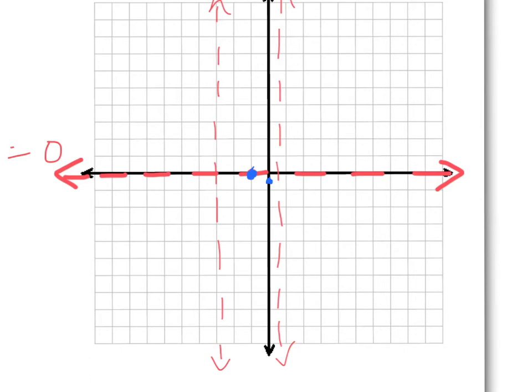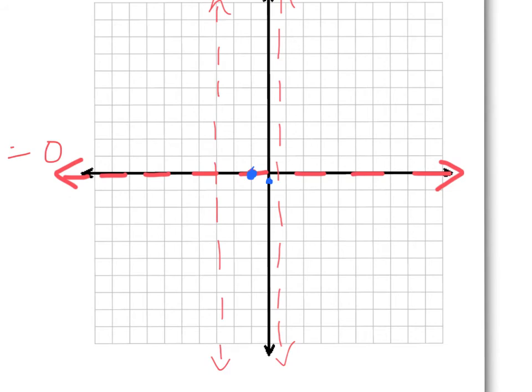So check this out. I'm going to make my pen a little bit thicker. Your graph is drawn toward the asymptotes. When we were talking about asymptotes, the definition of an asymptote is that it may cross. So you can cross a horizontal asymptote one time and only one time.